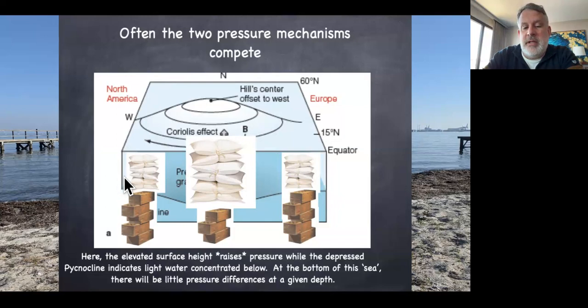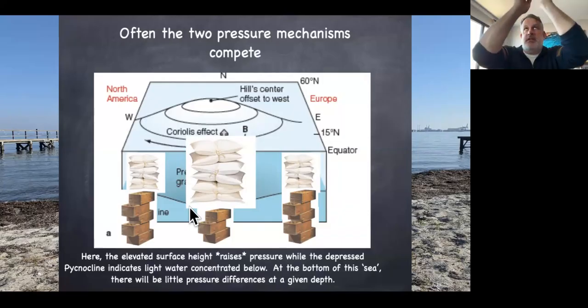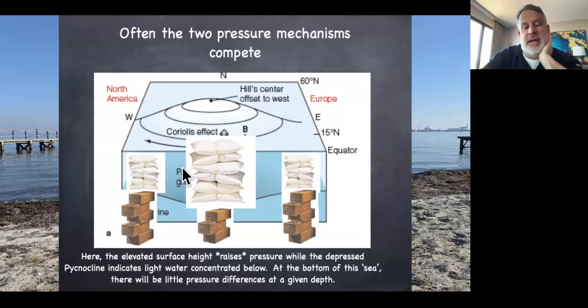What about the pycnocline? So the pycnocline here is depressed downward, which is the same as that convergence effect. It's lifting the surface up and it's also pushing the pycnocline downward. So this middle stack of pillows actually goes deeper. The light water extends deeper than the light water on the sides of that convergence region.